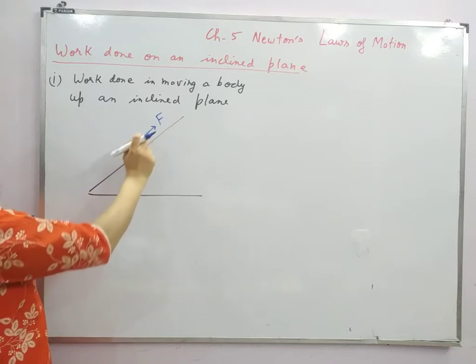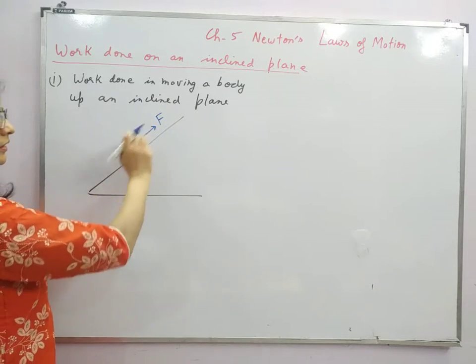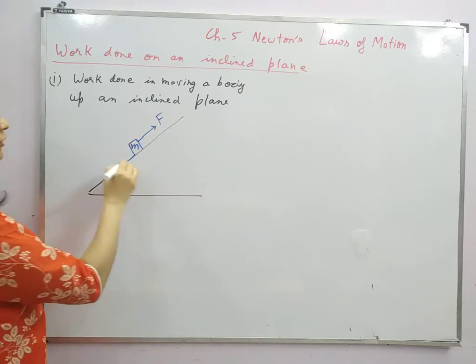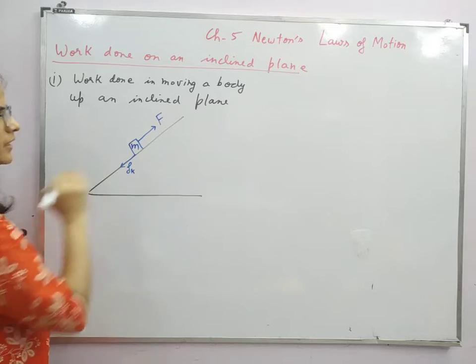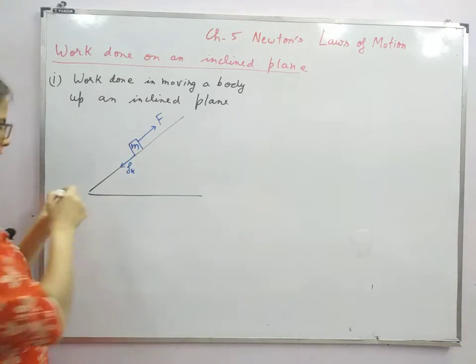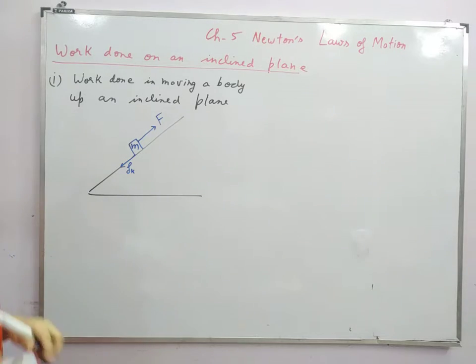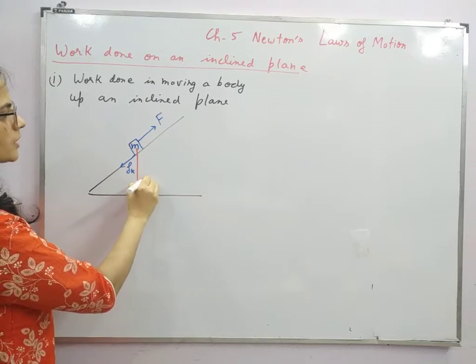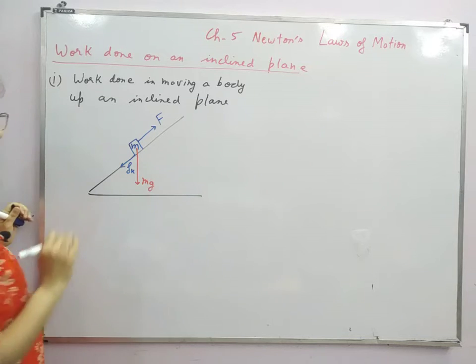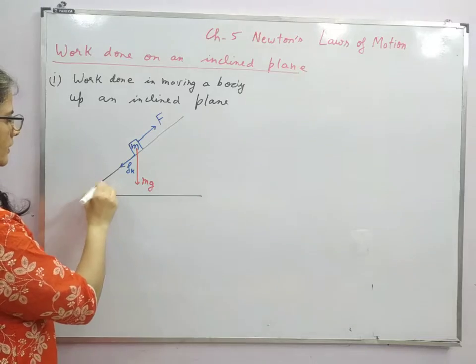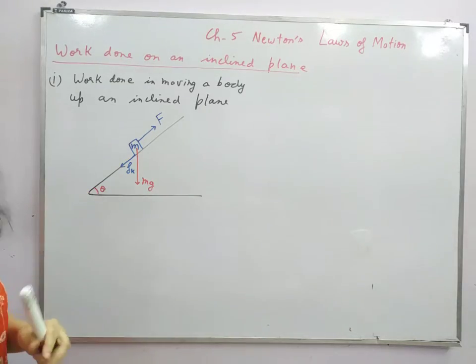Now since the force is applied in the upward direction, the friction force will be in the opposite direction. This will be kinetic friction. We know that the weight of the body always acts downwards, so this is the weight of this object. Suppose this is the angle theta for this inclined plane.